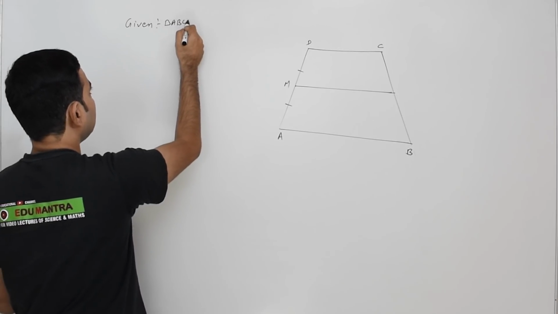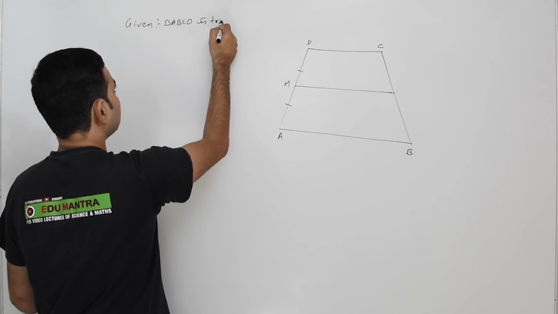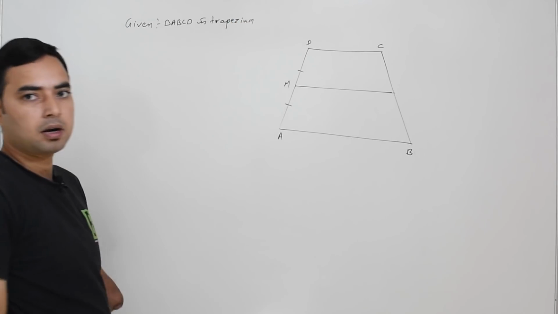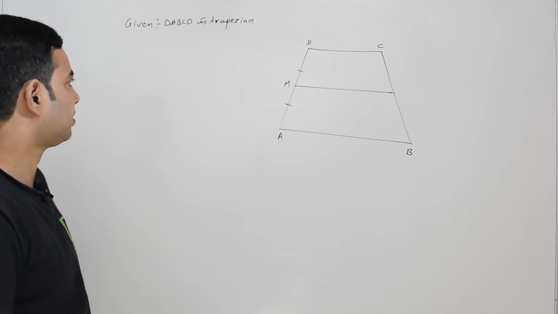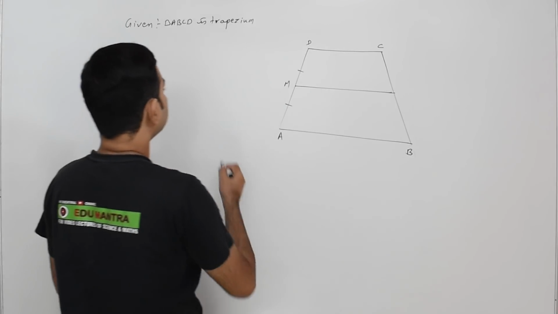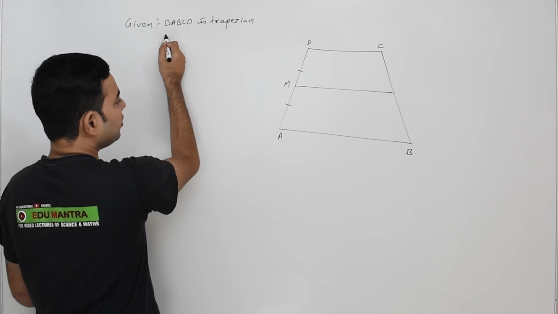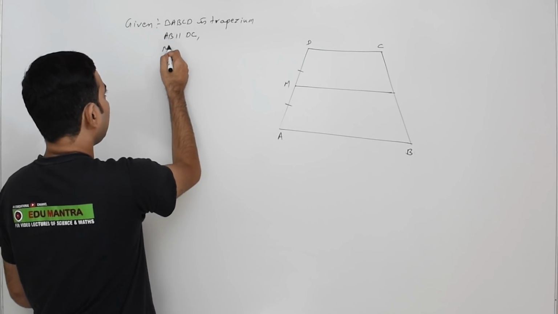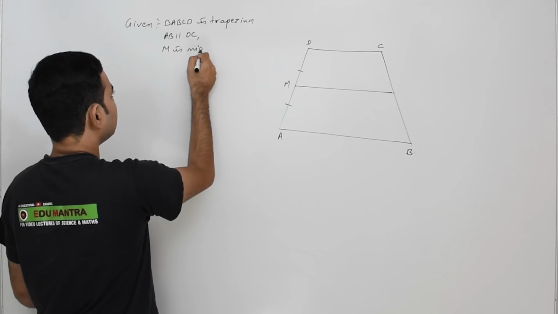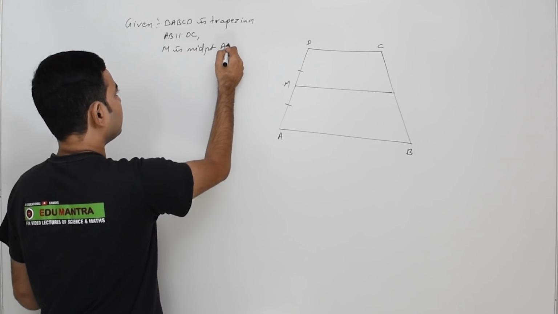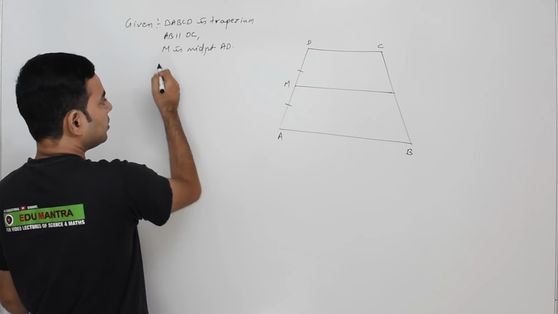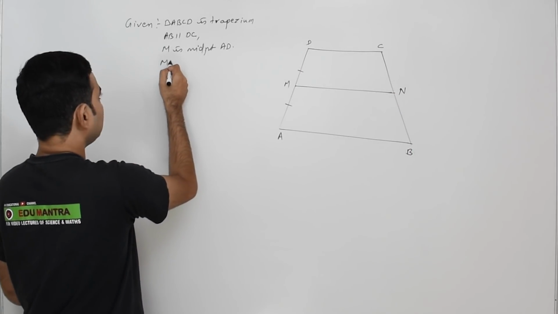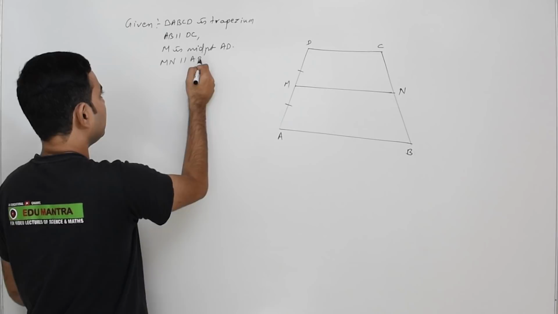Quadrilateral ABCD is trapezium, in which AB is parallel to DC. M is the midpoint of AD and MN is parallel to AB.